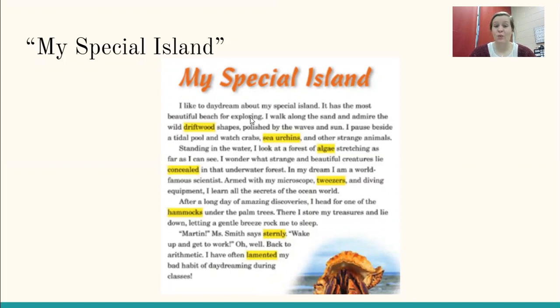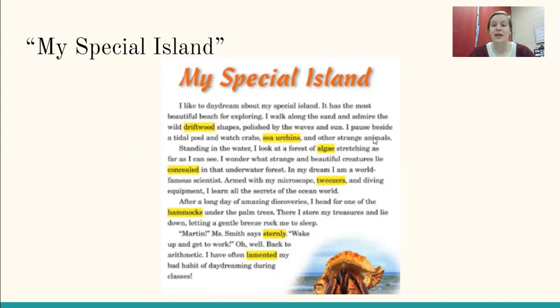That makes me think that the wood may be polished by the waves and sun. So it may be in the ocean, and it's just laying in the ocean because we saw that word wild, and it's polished by the waves and sun lets me know that it stays outside for a long time, right? So that's an example of how you can use context clues to get somewhat of a definition for those unfamiliar words. I want you to try that with the rest of them, okay?